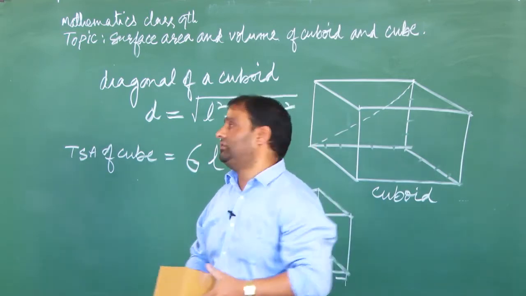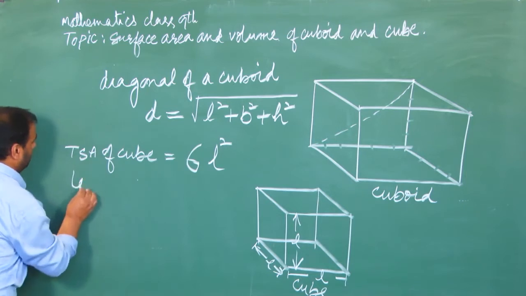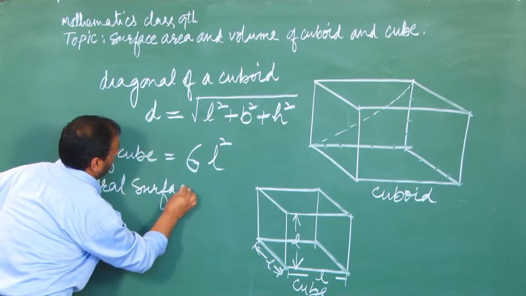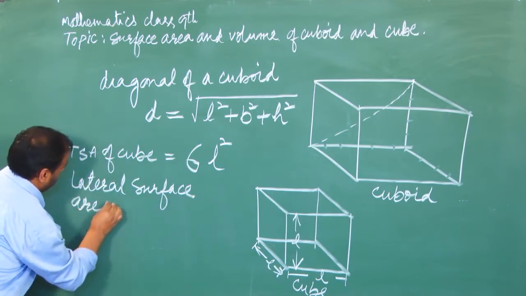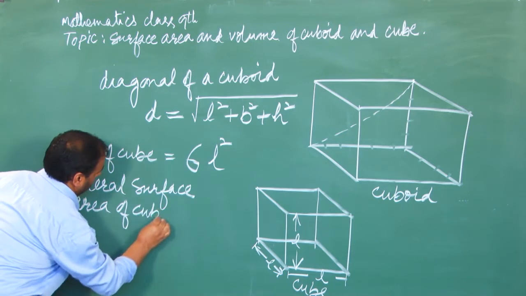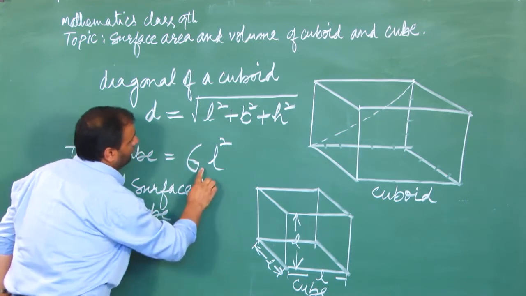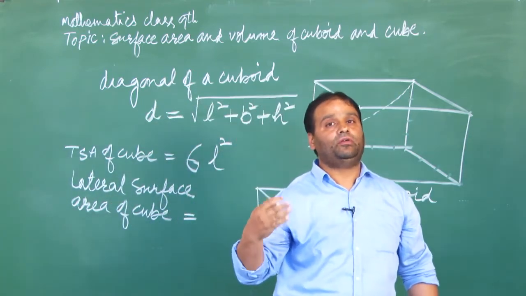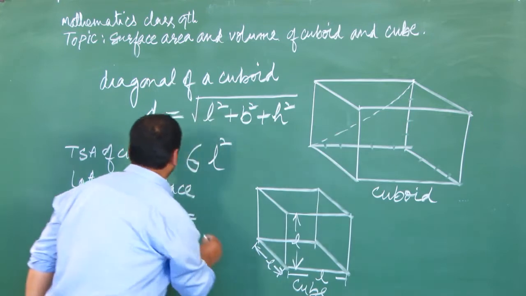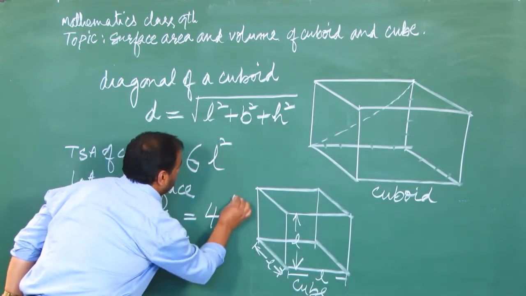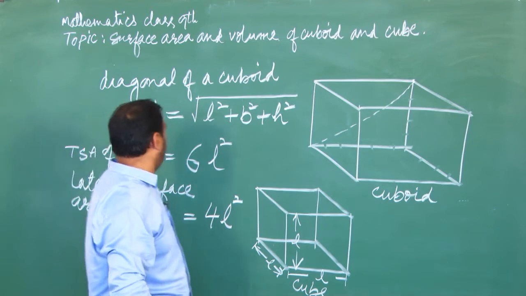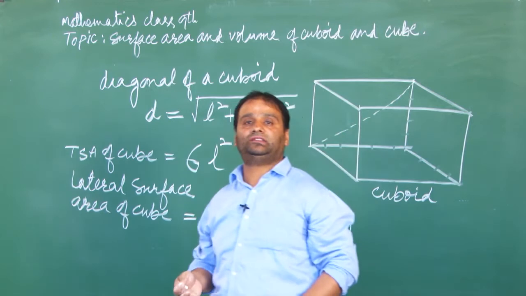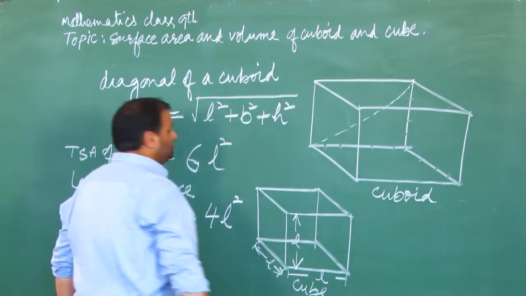The lateral surface area of the cube is equal to, now from 6 squares we subtract the area of 2 squares. That means only 4 squares are left. So the lateral surface area of a cube, or the area of 4 walls of a cube, is 4L square. Again, L is the edge of the cube.